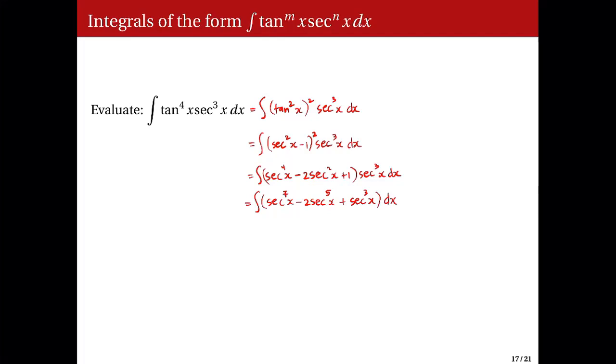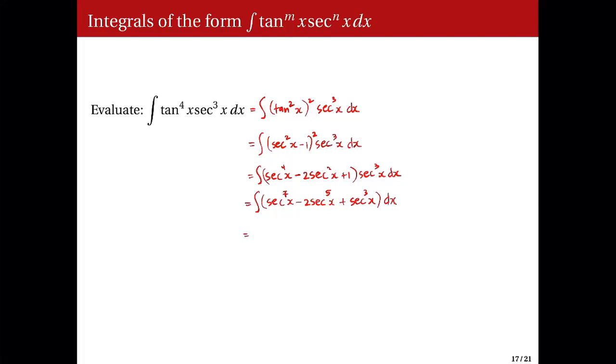And then you do the reduction formula for each, and you will get the final answer. For example, I'll just write this for secant to the 7 first.